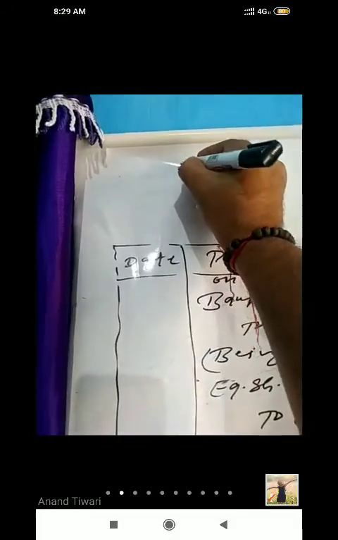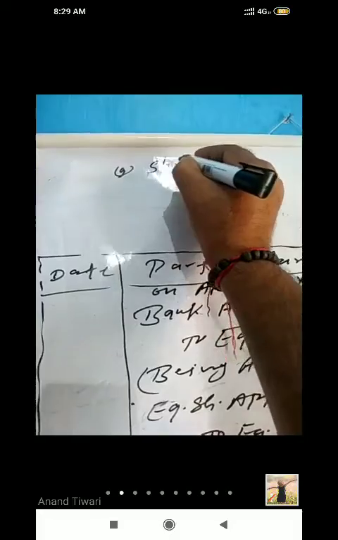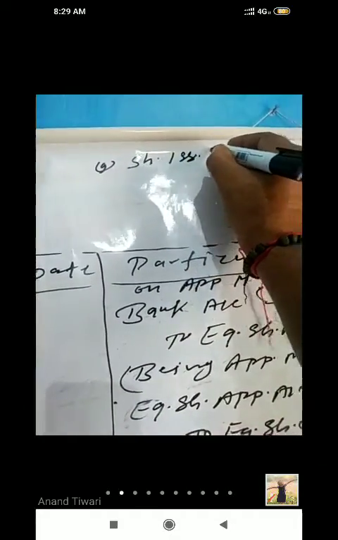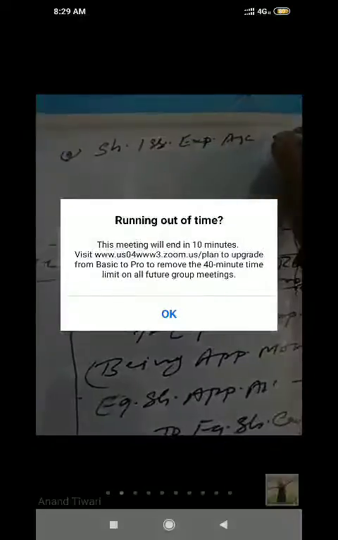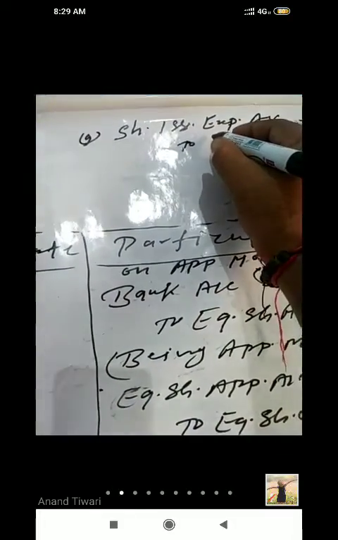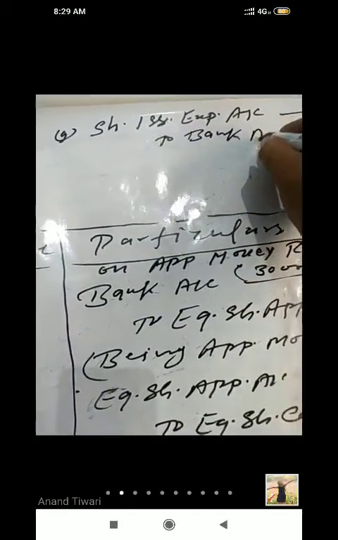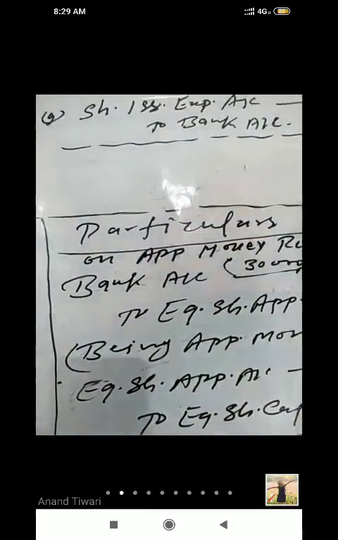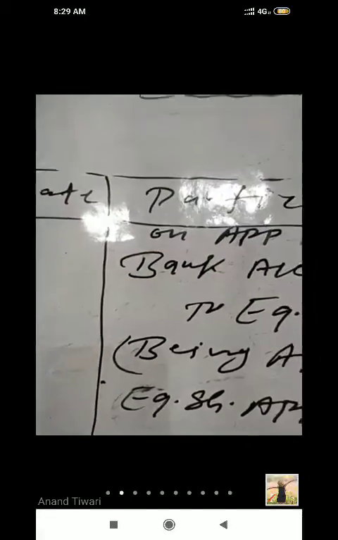Entry number 9: share issue expenses account debit to bank account, whatever the amount which has been paid as expenses. And the last entry will be for the promoter payment.